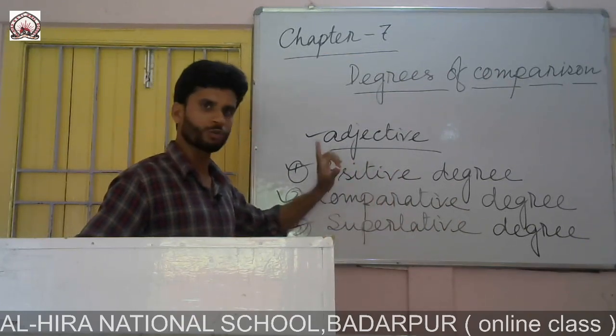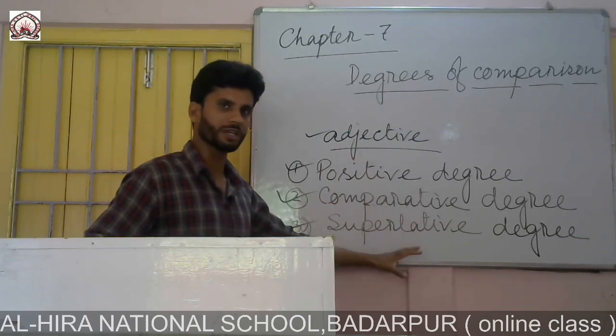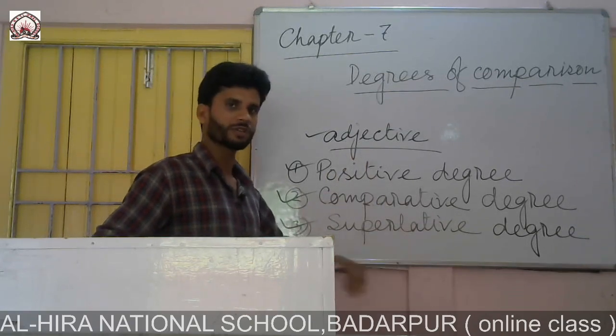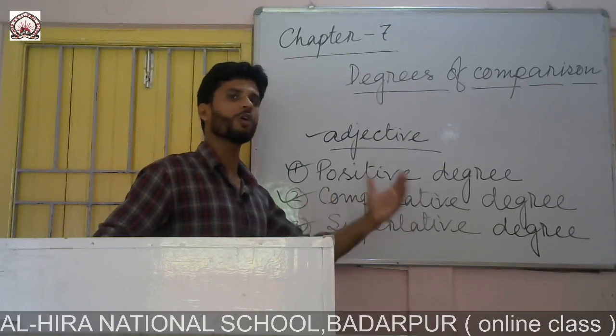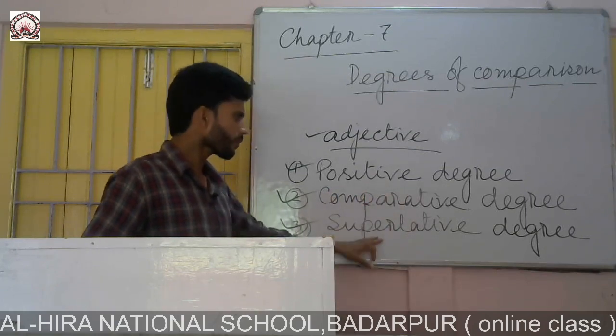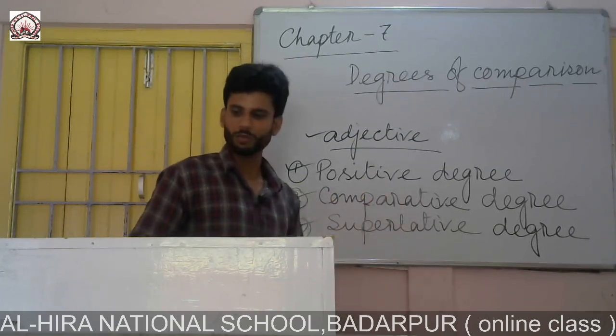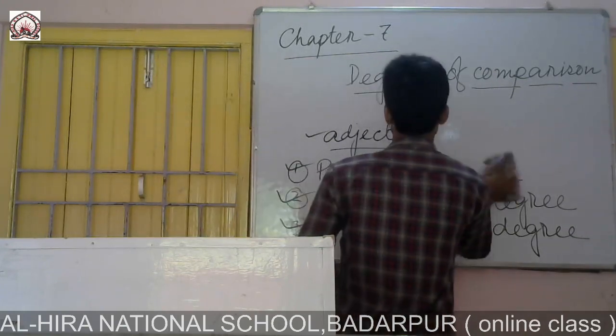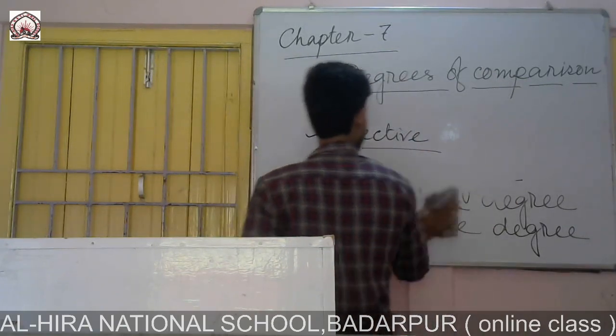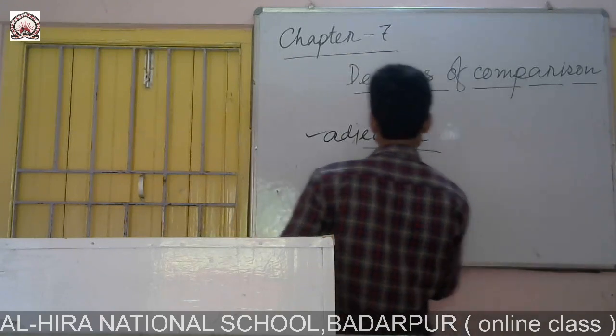This is about only 1. And superlative degree describes 3 or more than 3. Now I am writing 1 or 2 sentences here as examples, and you will get a better idea.